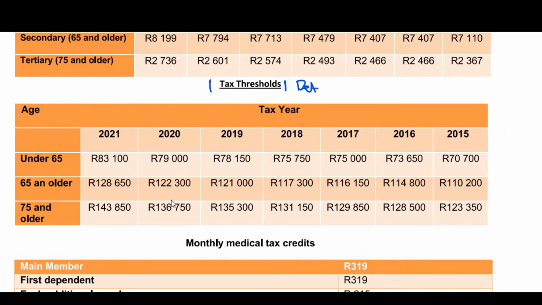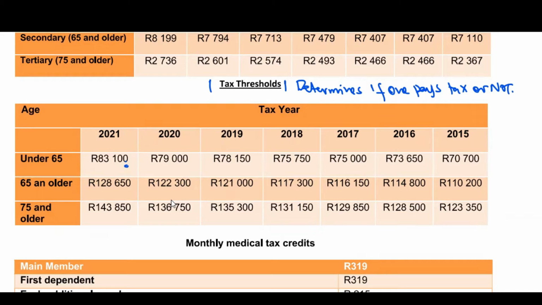This determines if one pays tax or not. But then how shall we tell? Should the annual income of someone be equal to this number that you see here?